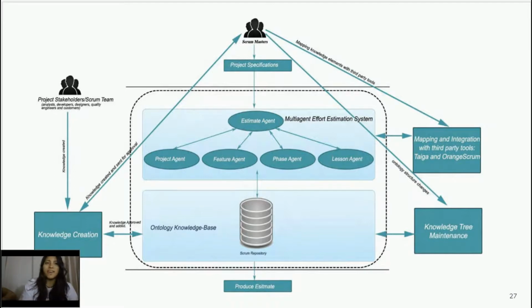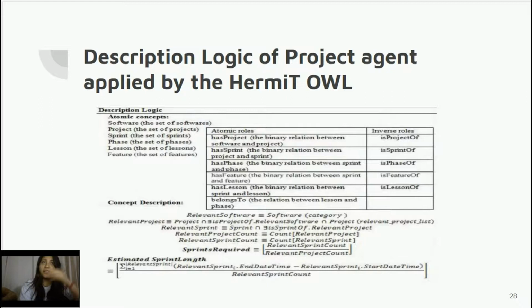The system has 5 agents, and each agent uses a description logic in order to calculate what it needs to calculate, and this description logic is applied by the Hermit OWL. The Hermit OWL is a reasoner that uses ontologies to reason.